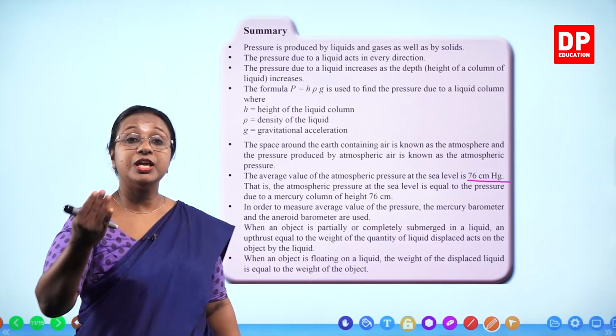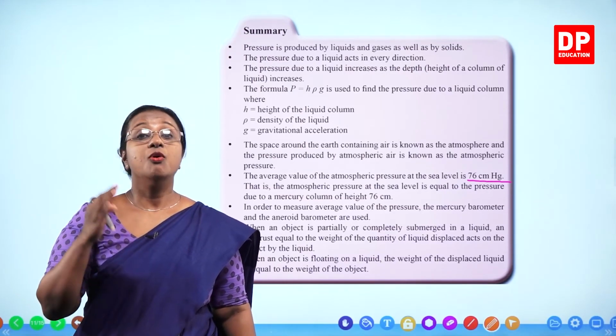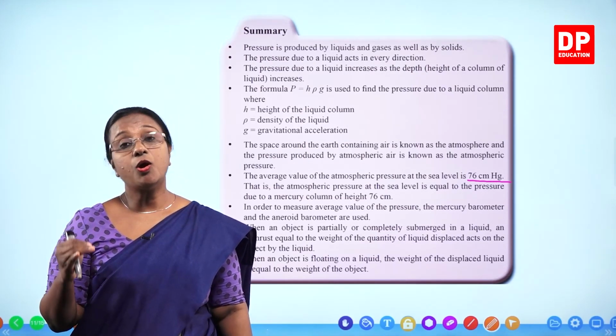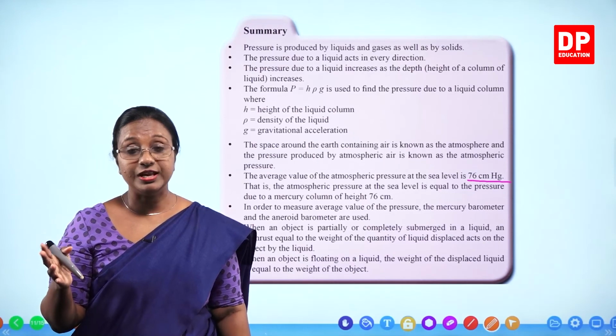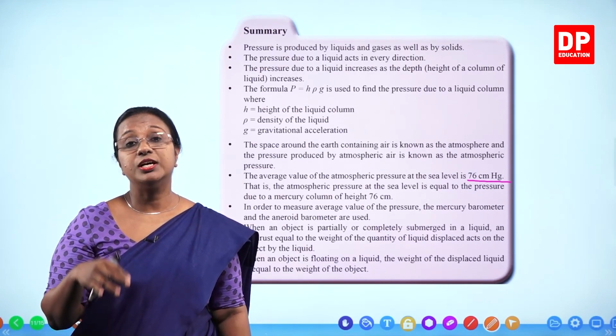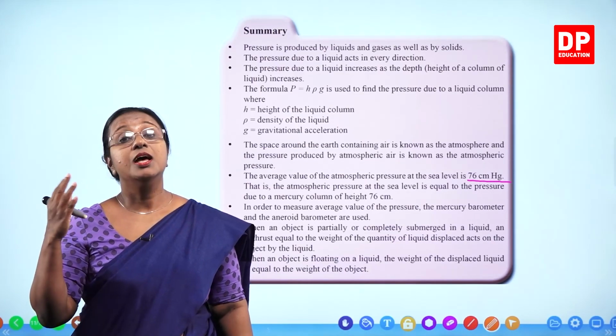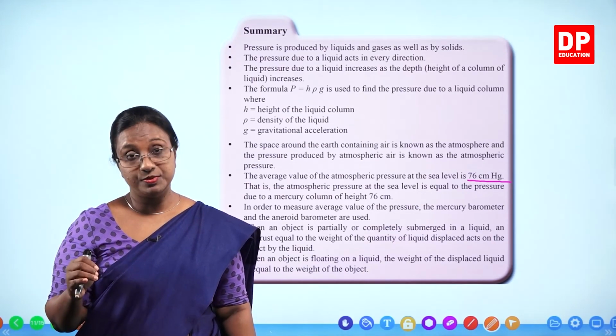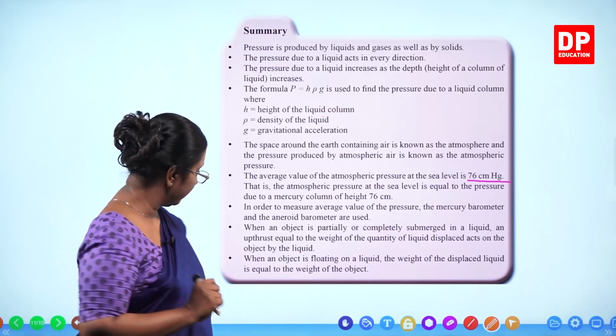Again, to recall the Archimedes principle: when an object is partially or completely submerged in a fluid, the upthrust exerted by the fluid is equal to the weight of the fluid displaced by that object. That is the Archimedes principle.